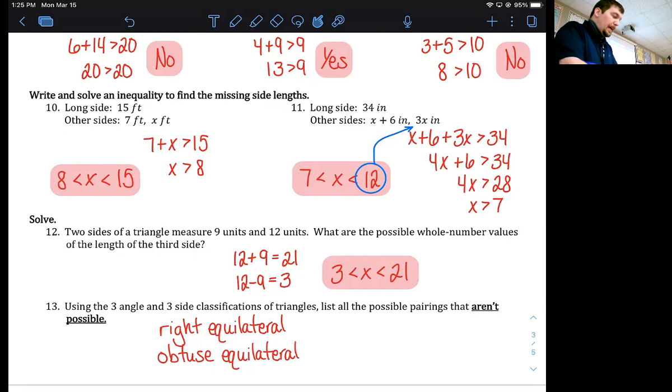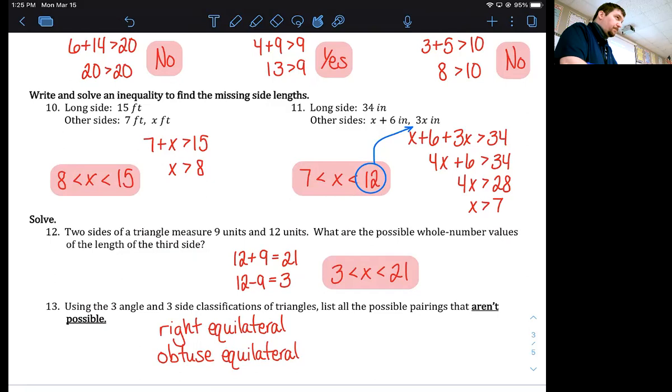Yes, check. I put two equations based on which side is the middle one. So if the X was the bigger one, I put X has to be greater than or equal to 12 and less than 21.